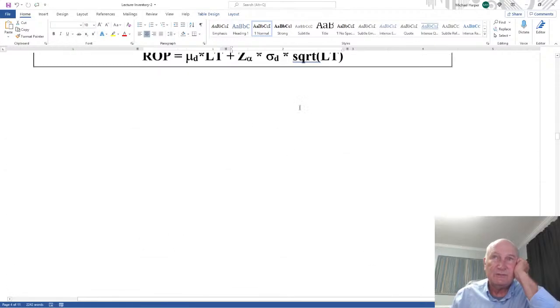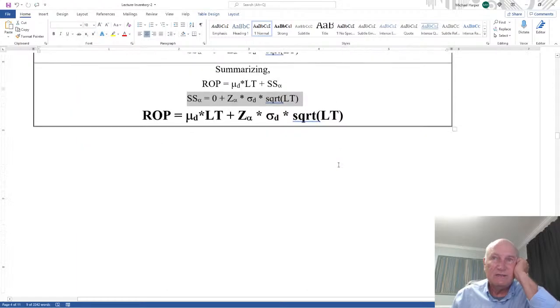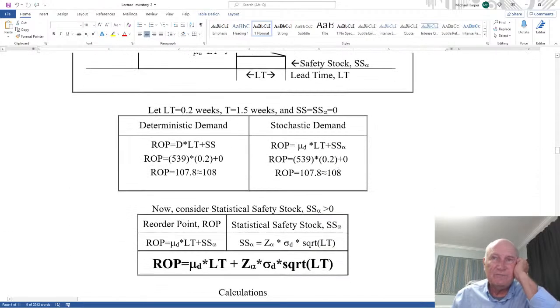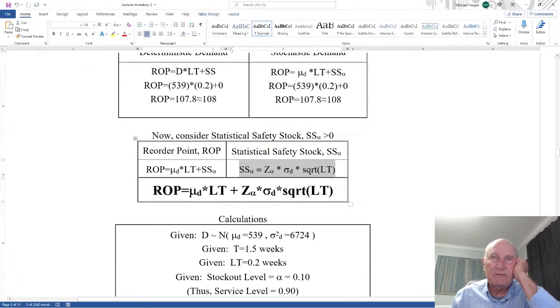We just derived it. So I'm copying that down here. Okay, I can put these together for my ROP. The mean times the lead time, which is this, I substitute my safety stock in for that, and there's my expression for my ROP.